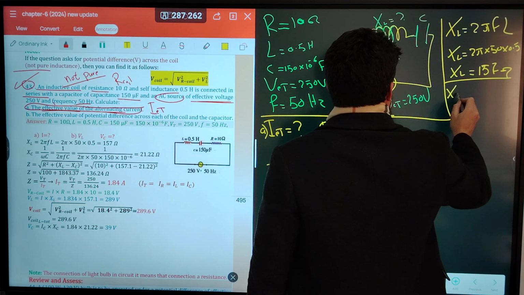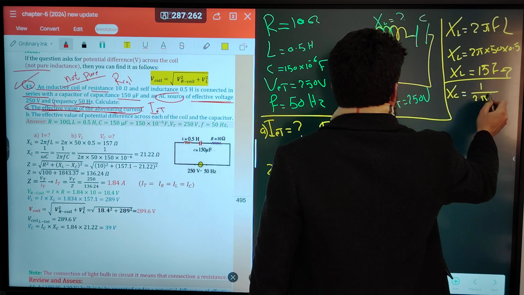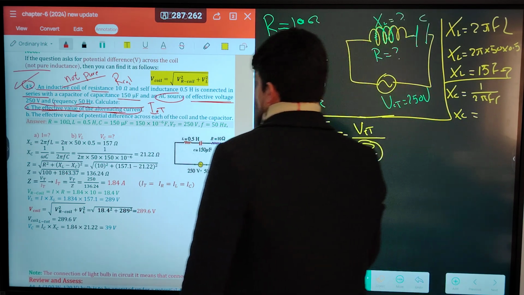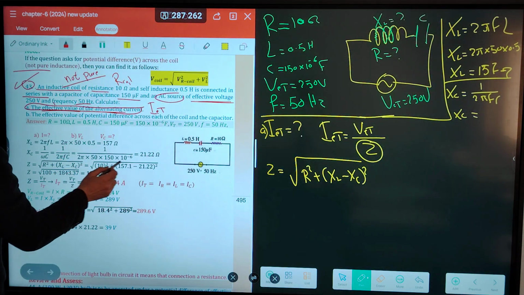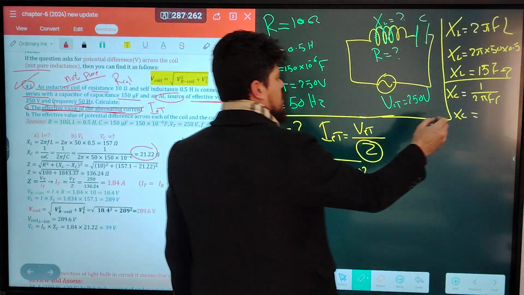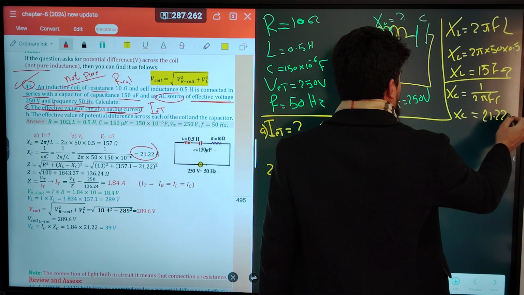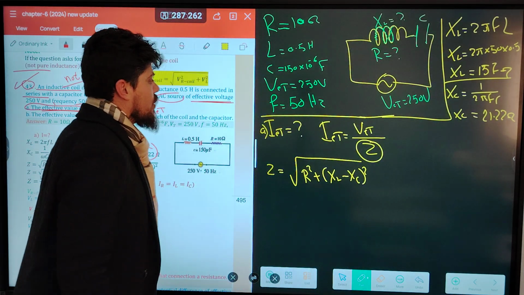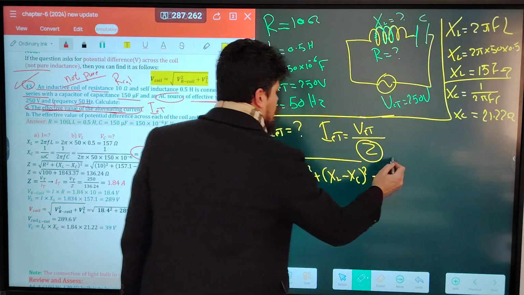How about XC? XC is 1 over 2 pi FC, which is 21.22 ohm. Replace in this equation.